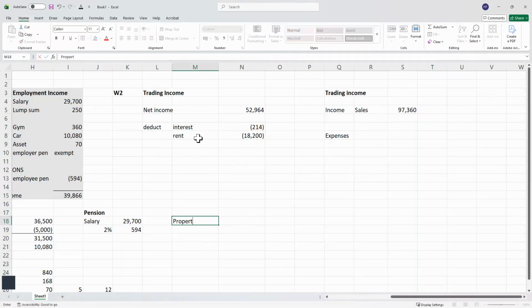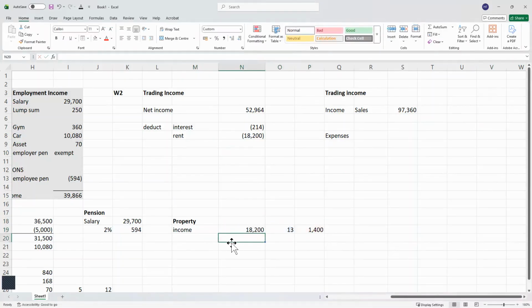So we can have a sub-working down here for property income, and we know that the income taxable here is going to be 13 months of £1,400 a month. So we would tax 13 times 1,400, which would be 18,200. So this is the same as the amount that was recorded. And if we were looking at our trading income by looking at receipts and expenses, we know there'll be nothing to include here as this all relates to rental income.